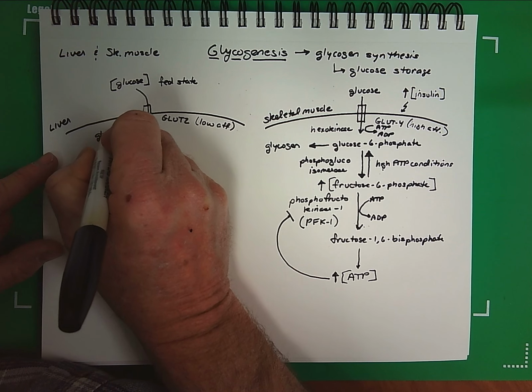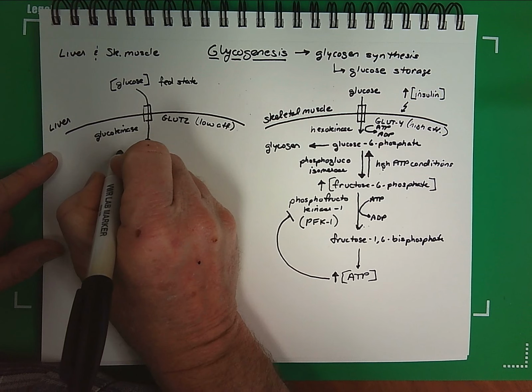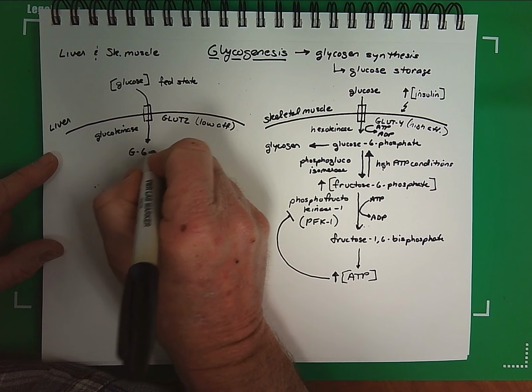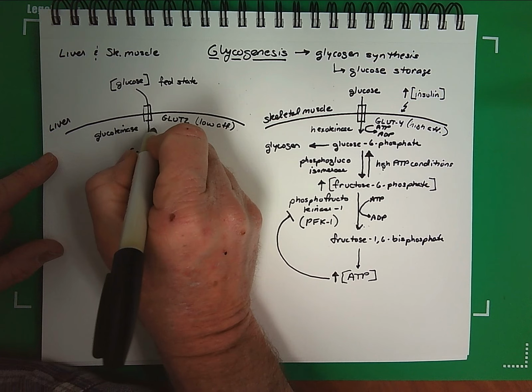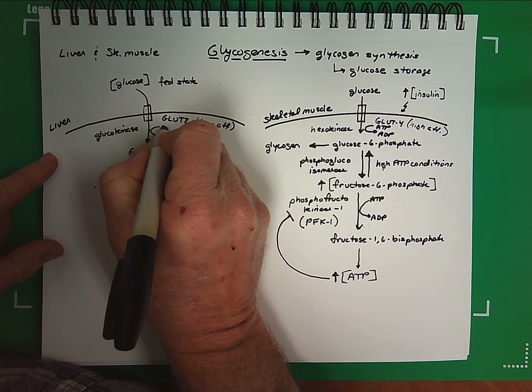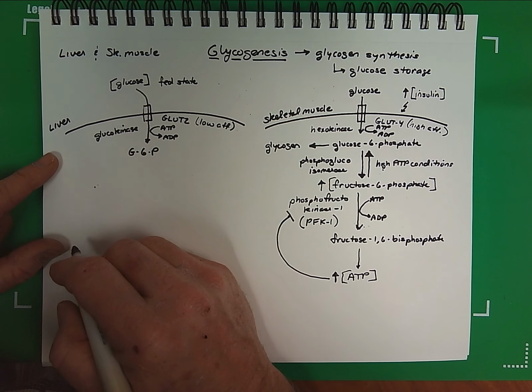In a similar fashion, glucokinase is our first step, and we are going to be phosphorylating glucose on the 6-carbon, glucose 6-phosphate. This, of course, is an irreversible step because we are using hydrolysis of ATP as the energy source.